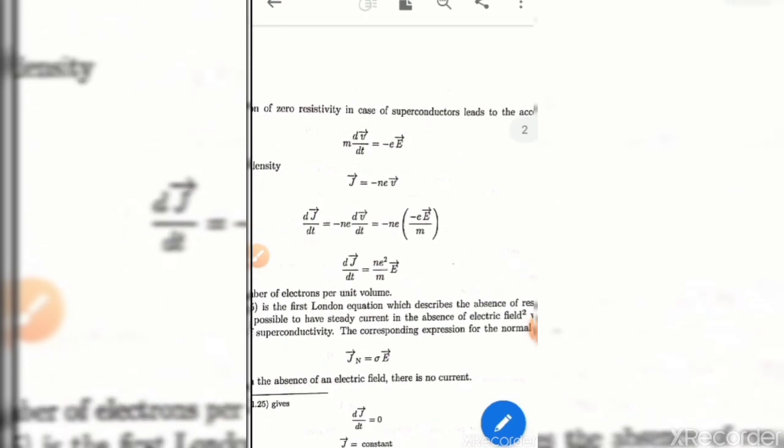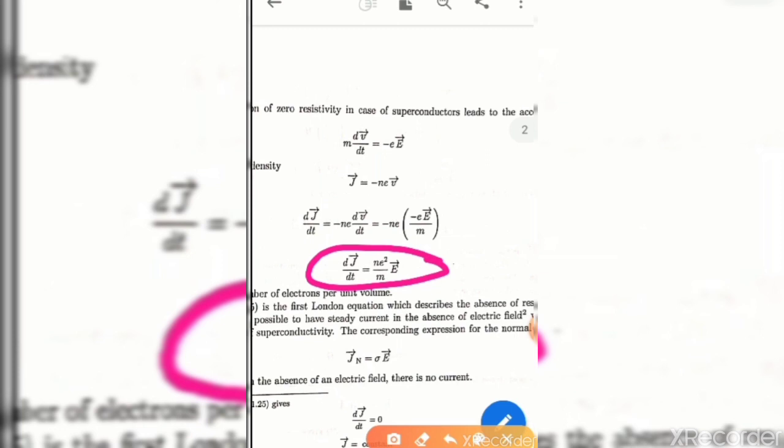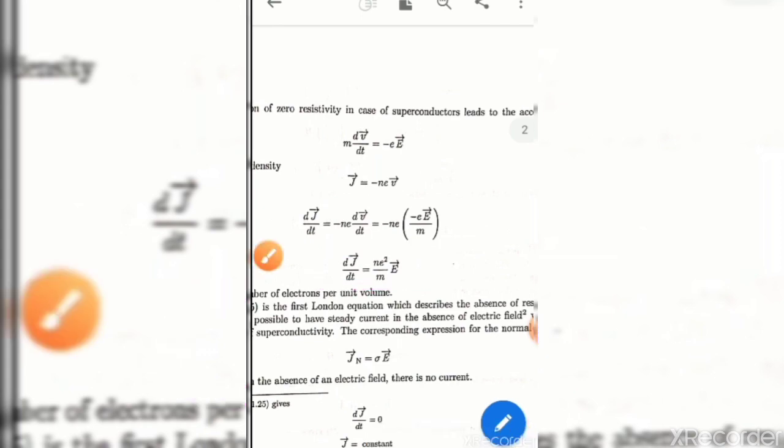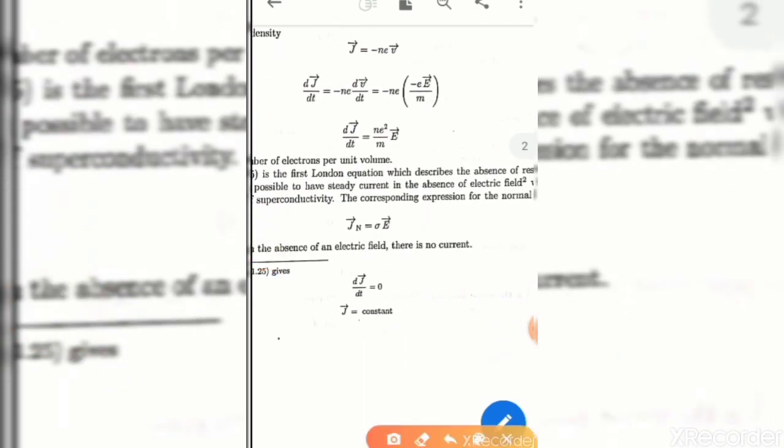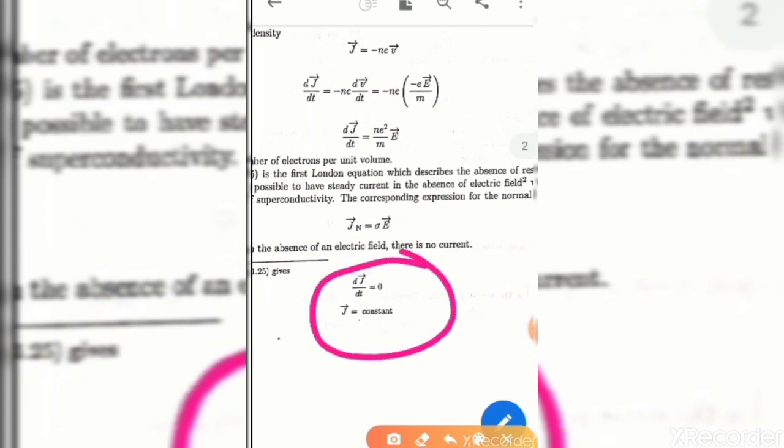If the electric field goes to zero, del J by del t equals 0. That means J is equal to a constant. It is not equal to 0.